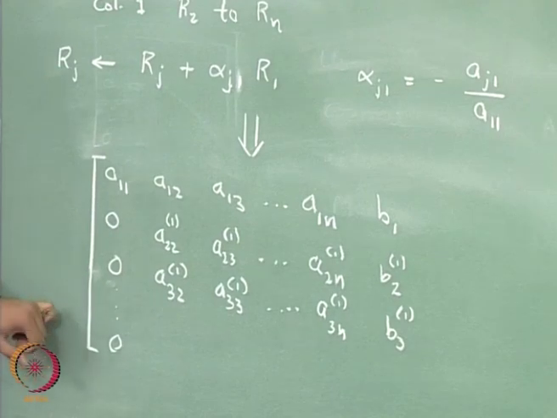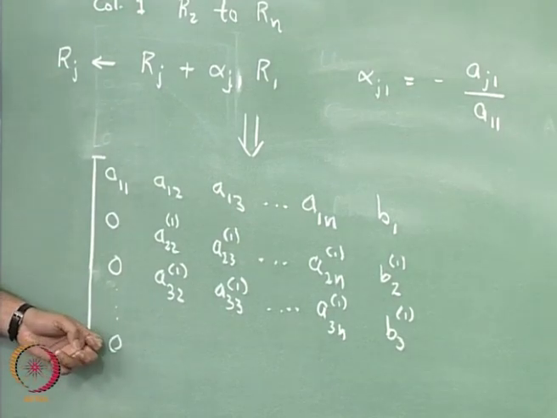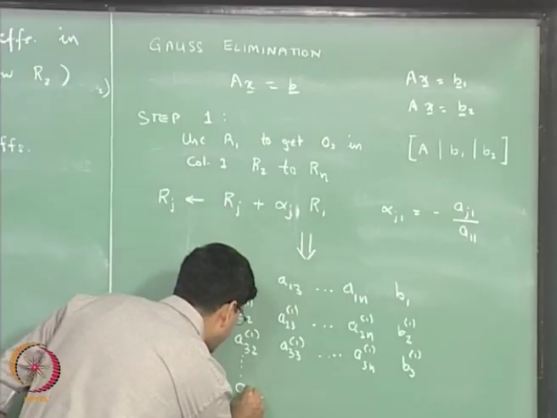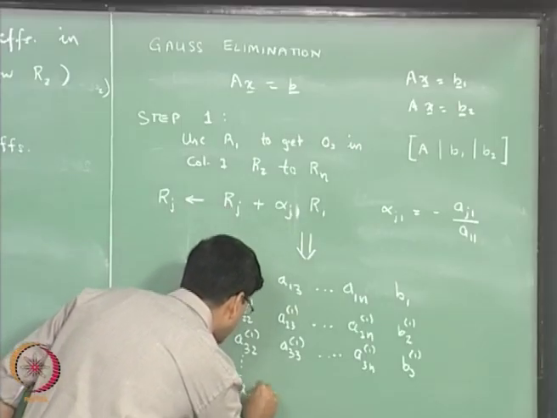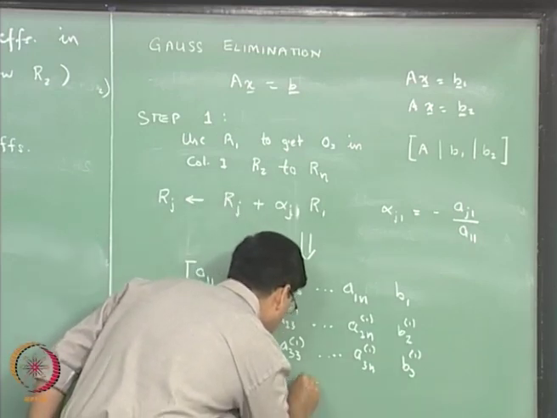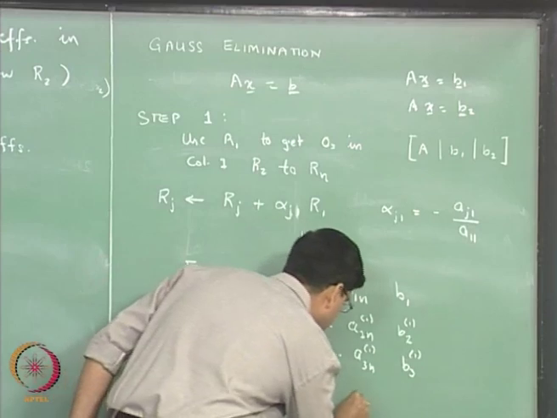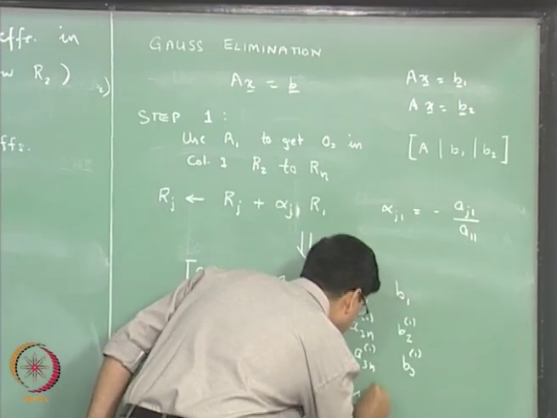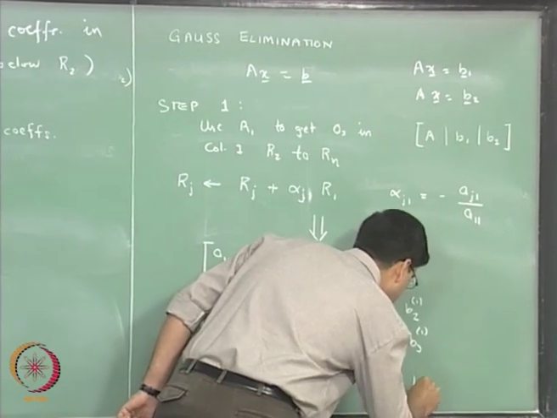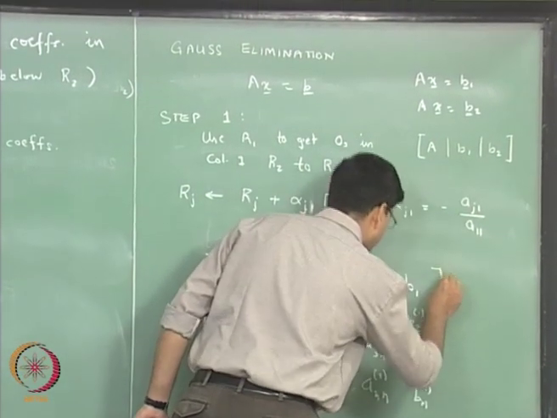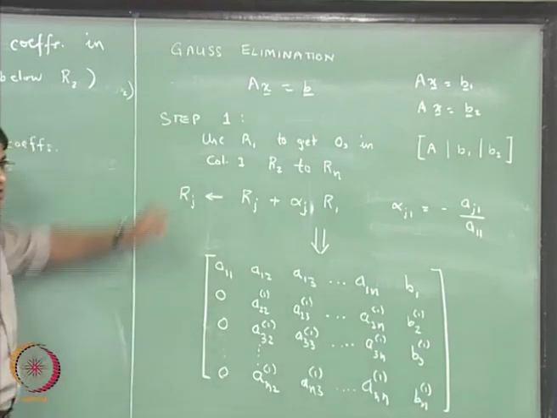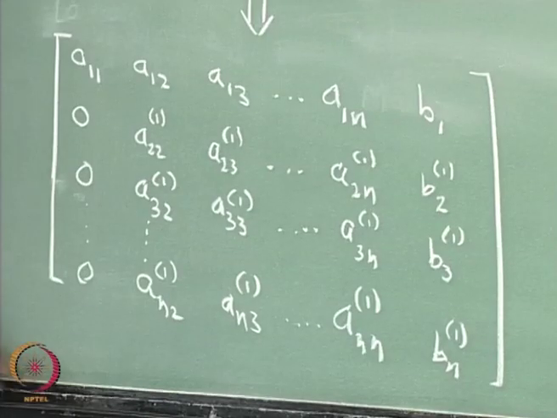In the nth row we again get 0 over here, and then an2 after the first operation, an3 after the first operation, and so on up to ann after the first operation, followed by Bn after the first operation. So this is going to be step 1 of the Gauss elimination.